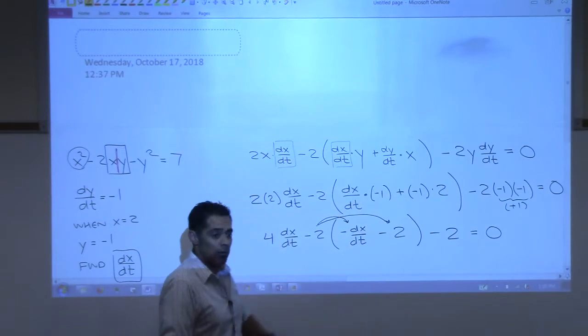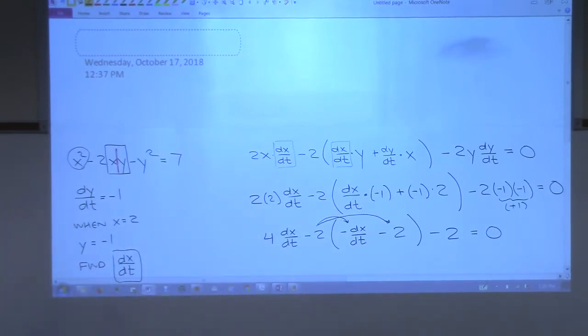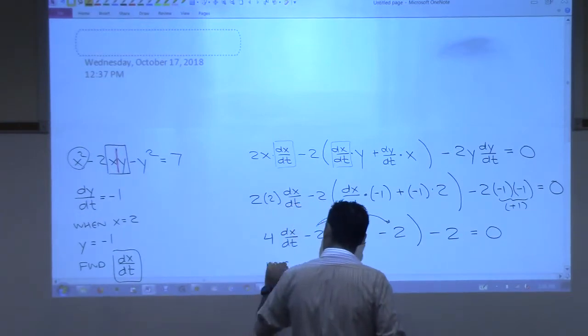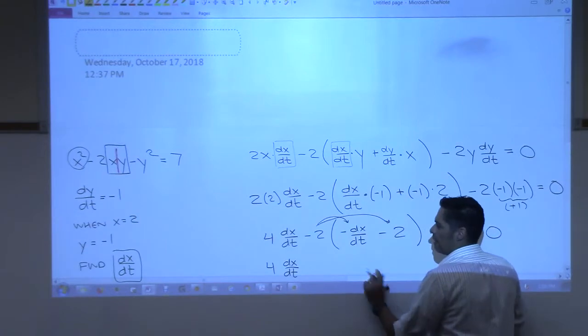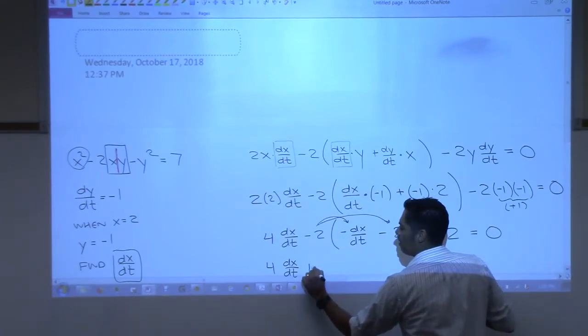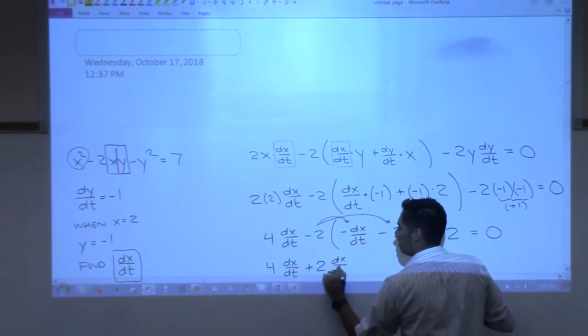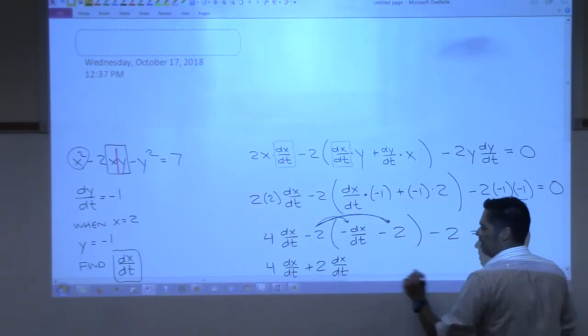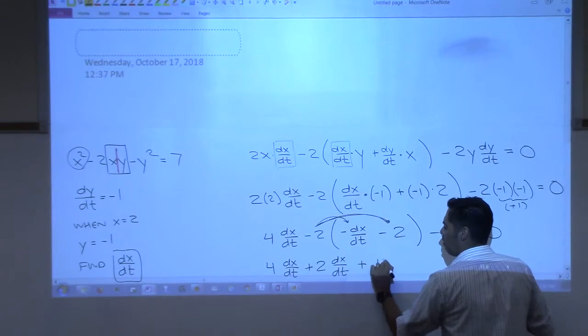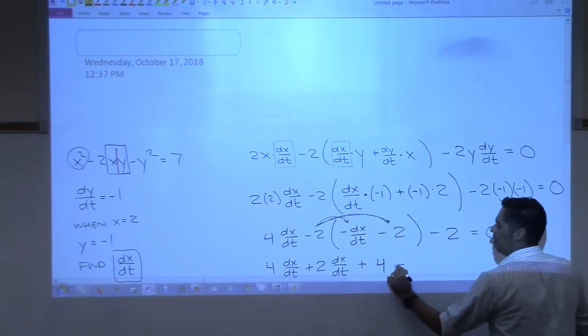We need to distribute that negative 2 through the parentheses. So let's do that. 4 dx dt. Plus. Yeah, so minus and minus become plus, so we have plus 2 dx dt. And then we do minus and minus again, we get plus again, so plus 4, and then we have back here minus 2.